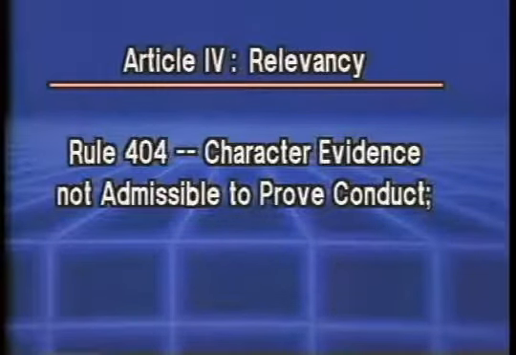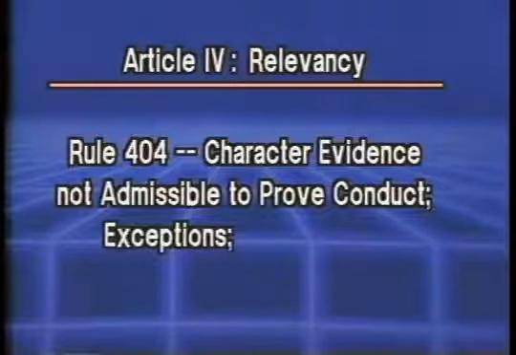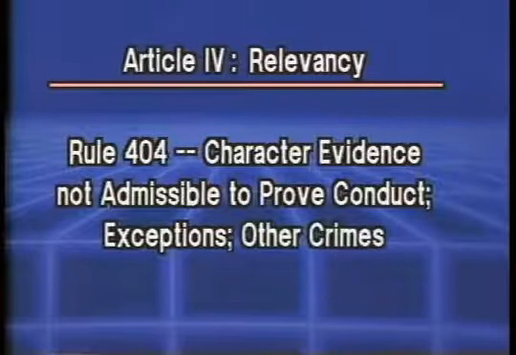The exception most often experienced has to do with credibility and impeachment of witnesses, which we will be covering a little bit later when we get to the Article 6 rules. Rule 404 also prohibits the admissibility of evidence of other acts of a person to show or prove that he acted in conformity with those other acts.